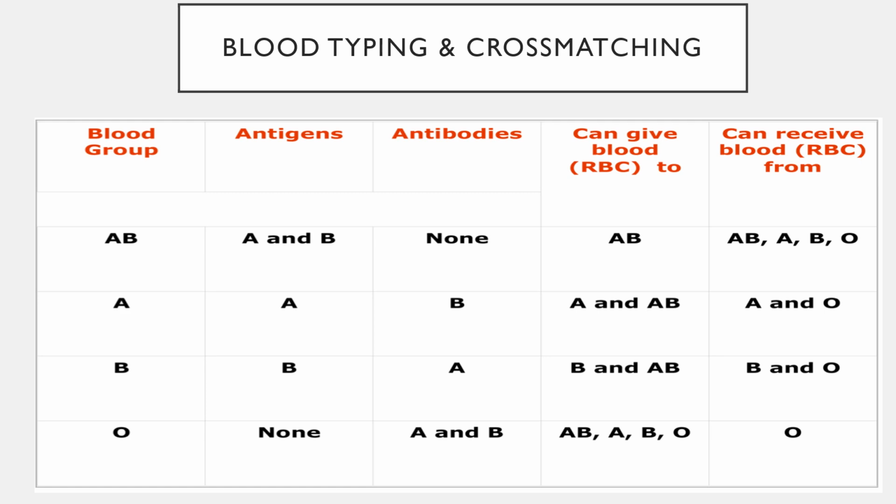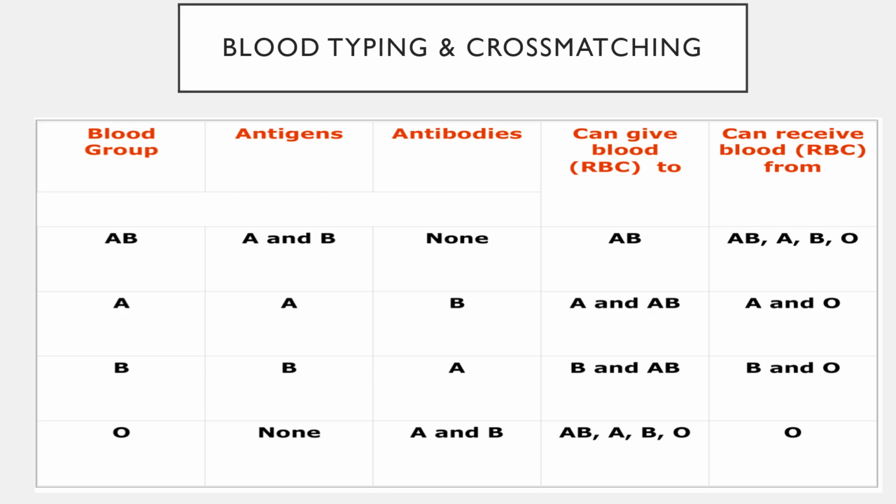But this slide gives you information on what it means to be AB blood. Well, you have antigens A and B on the red blood cell. You don't have any antibodies in your bloodstream to any of the blood types. So you are a universal recipient. You can get anyone else's blood type as a donation.